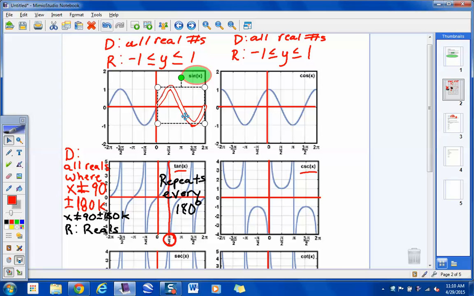From 0 up to 2 pi, how many degrees is that? 2 pi radians is the equivalent of 360 degrees. So the sine and cosine repeat every 360 degrees.